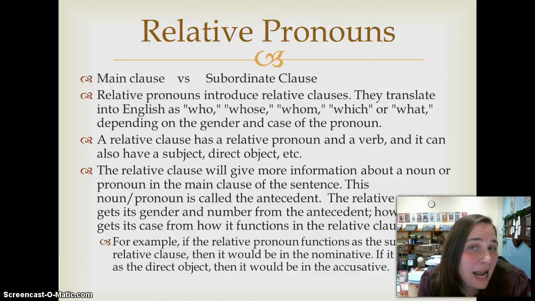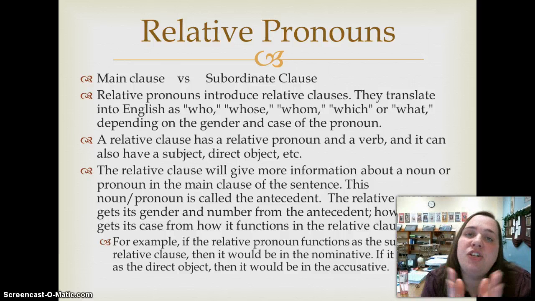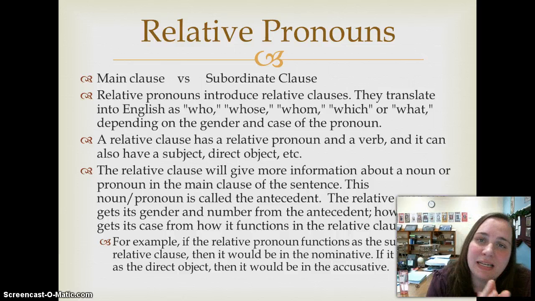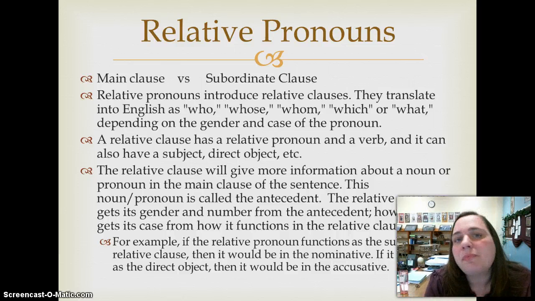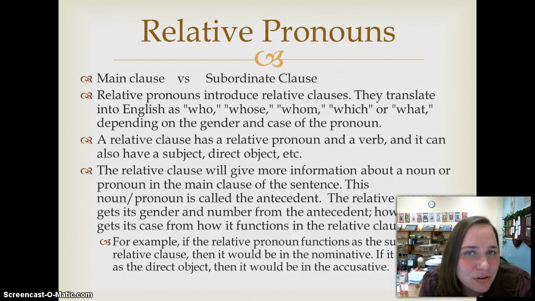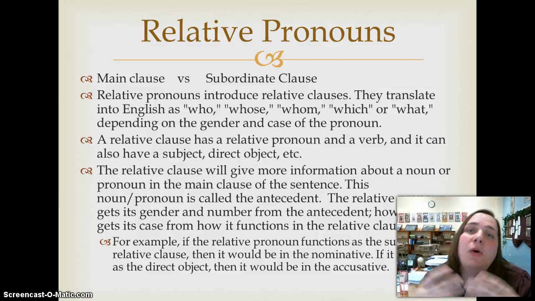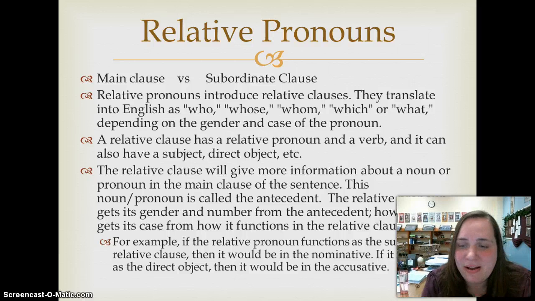It's going to get its case from how it functions in the relative clause, but gender and number from the antecedent. Also, you're going to want to translate your relative clause immediately after its antecedent because that's what it's giving more information about. So you have to be able to identify the antecedent.